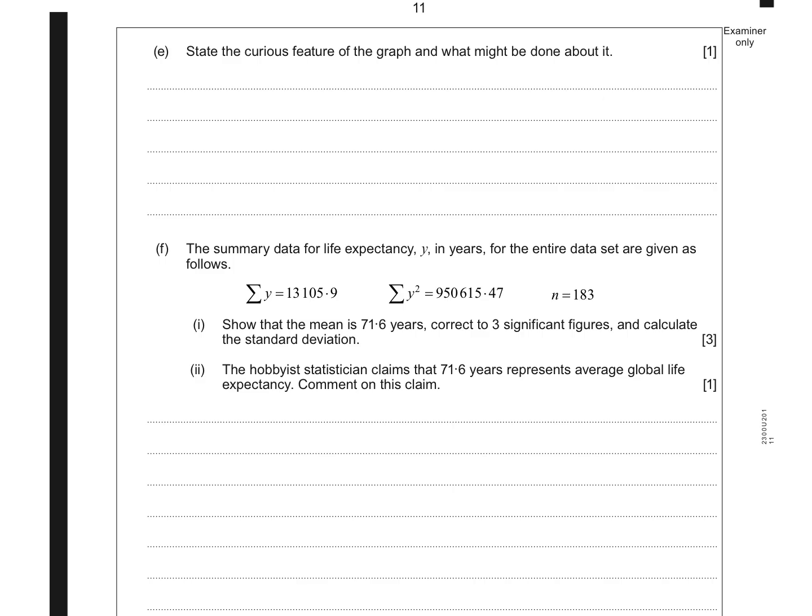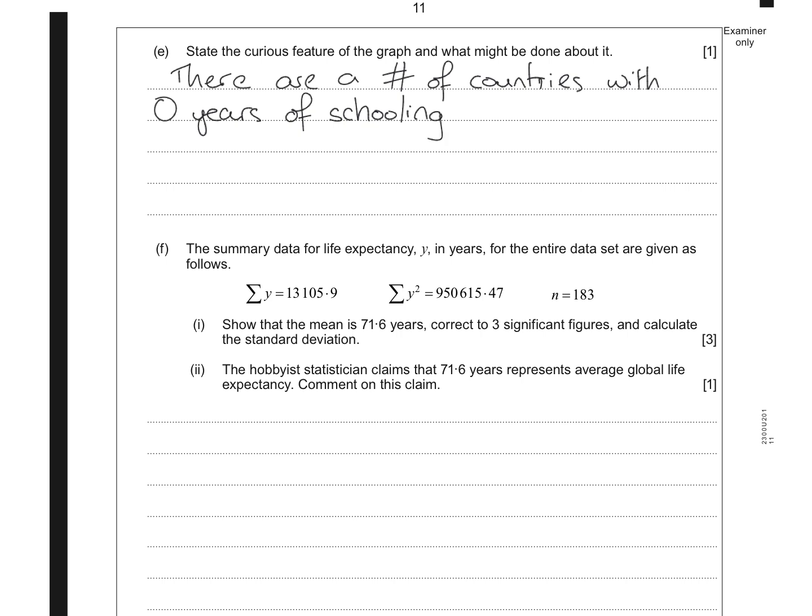So there are a number of countries with, can't spell with only has the one H, with 0 years of schooling. Now, I don't know any countries in the world where children don't go to school at all, and I certainly don't know many countries. So I'd say this is unlikely to be correct.